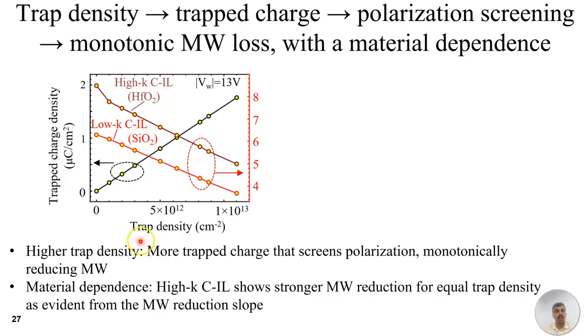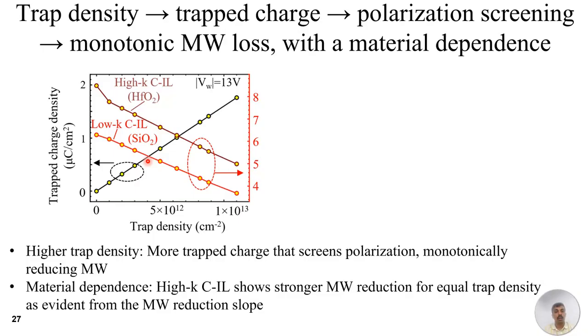So here we have plotted trap density with respect to trap charge density, and as we can see, as we increase the trap density, the trap charge density also increases, and as the trap charge density increases, the polarization screening effect increases, that monotonically reduces the memory window as the trap density increases.